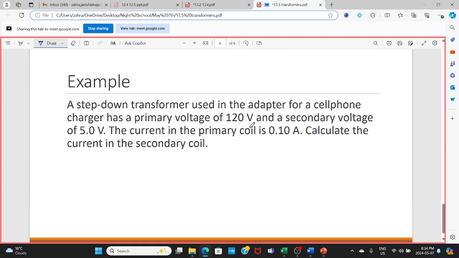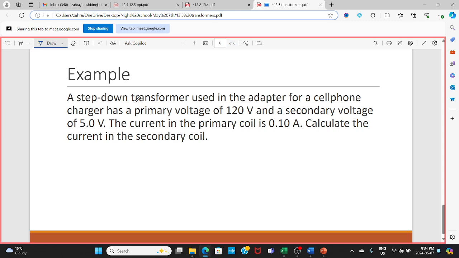No? Now again, another question. A step down transformer that you are using for cell phone chargers has a primary voltage VP of 120 volts and a secondary voltage of 5 volts. The current in the primary coil, IP, is 0.1 amp.